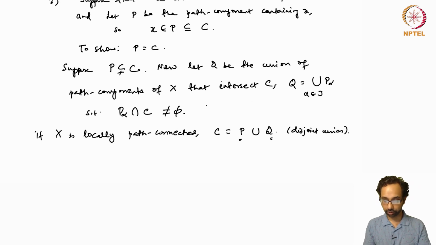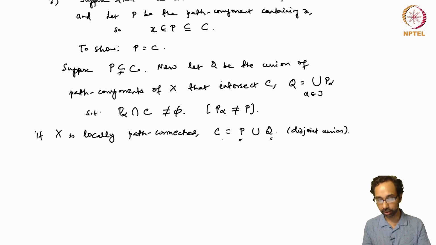Here of course we should add that P alpha is not the same as P, so this is the union of all other path components apart from P which intersect C.